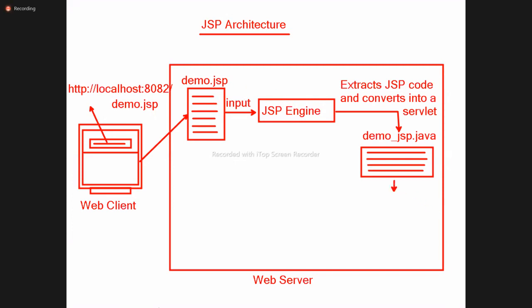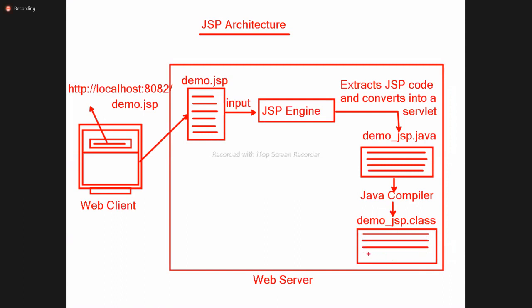This program is compiled by the Java compiler, which is also present in the server. The compiler generates a .class file, demo_jsp.class. Already we know it is executed under the Java Runtime Environment, JRE compulsory.